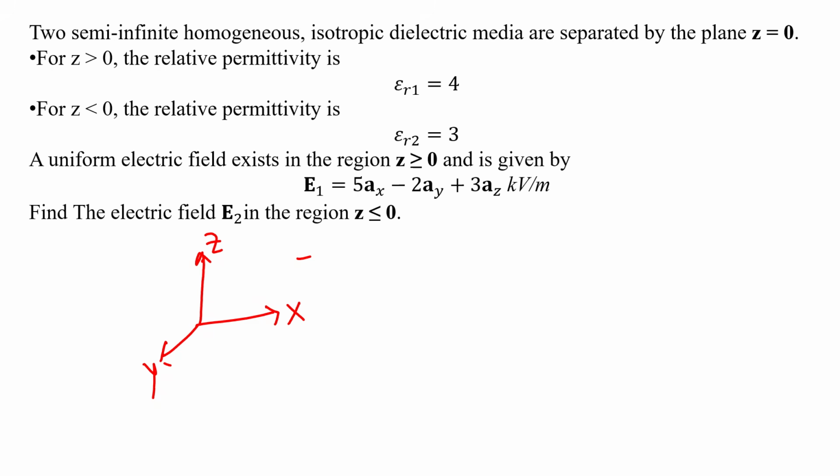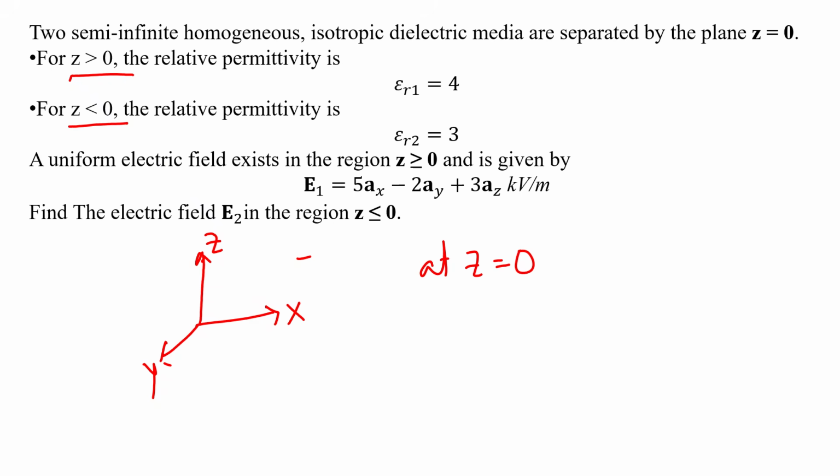Now the question is saying that there exists one plane at z equals to 0 which is separating two different dielectric media. One medium exists above, z greater than 0, and the another medium exists below, z less than 0.